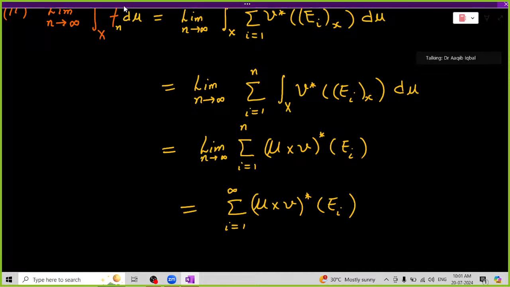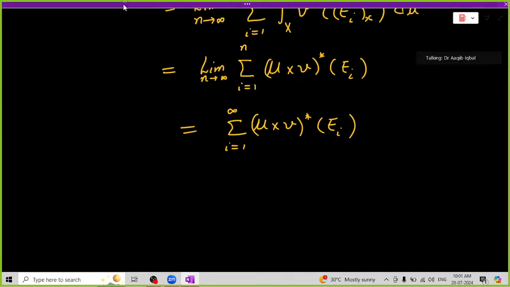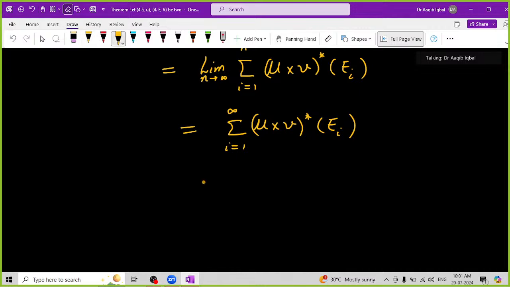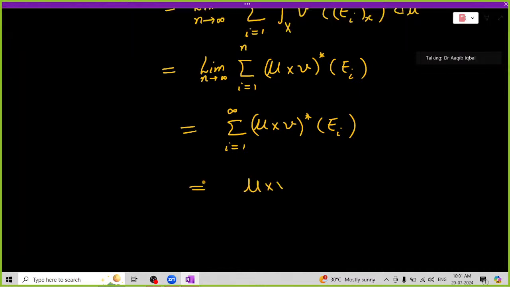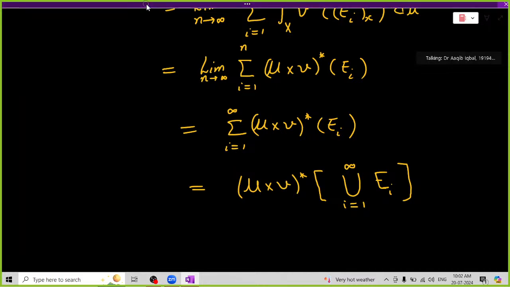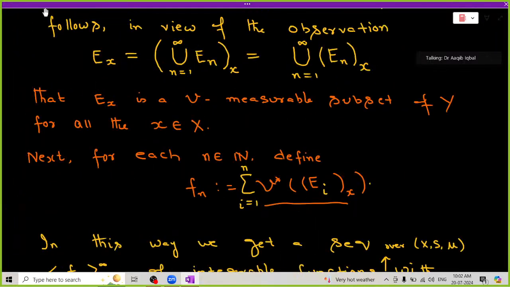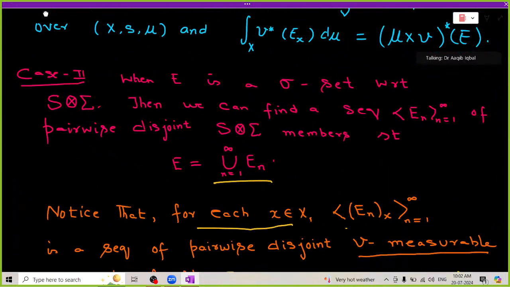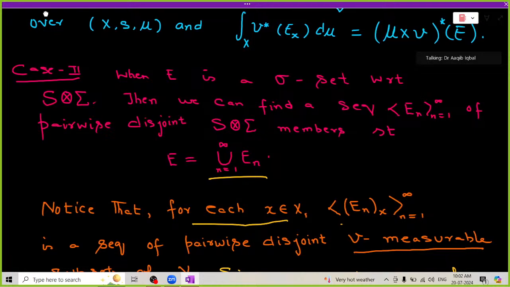और इसका reason आप मुझे बताएंगे, I can write this as mu cross nu star of the union I runs from 1 to infinity e sub I. क्या reason है इसका? The reason is additivity. देखिए, your e sub I's are semi-ring members. Semi-ring members are measurable, and they are pairwise disjoint also.